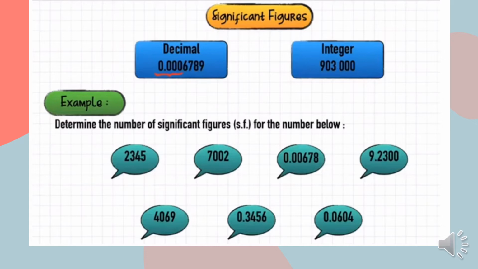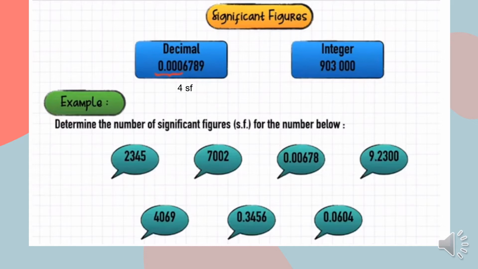You notice that there are 0.000 at the front of 679. So the answer for this one is 3 significant figures, because we mentioned earlier that if 0 is at the front for a decimal, it is not significant.